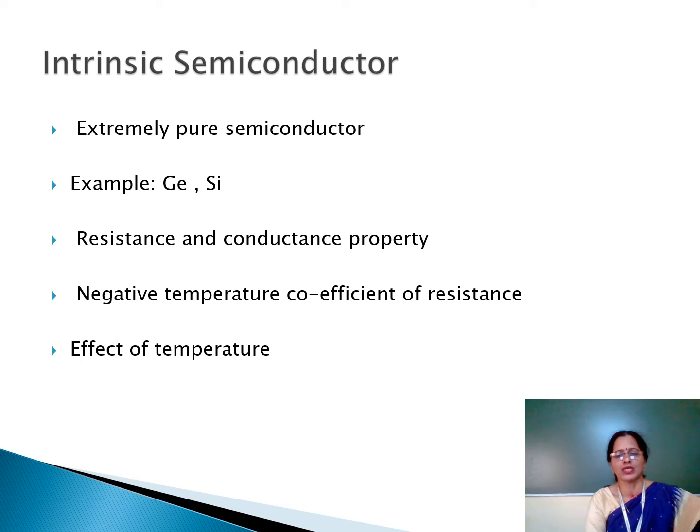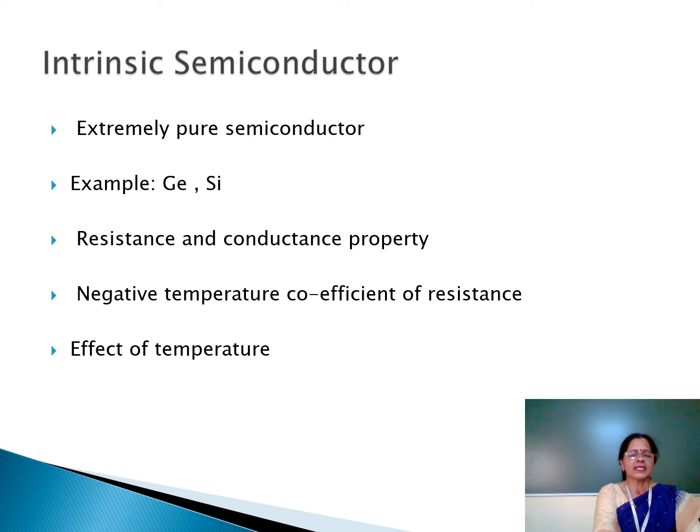So that goes towards the insulator property. This indicates the semiconductor's capability of acting as a conductor and an insulator. That is why we have to find how we can use the semiconductor as a conducting material.